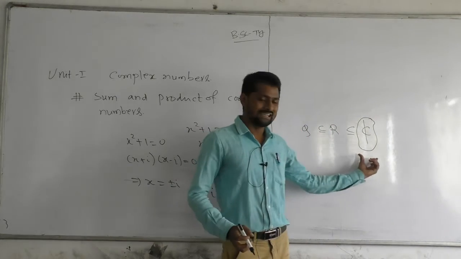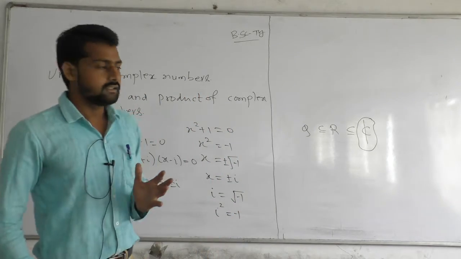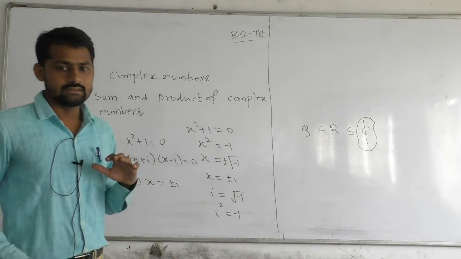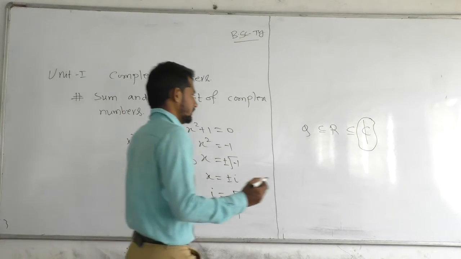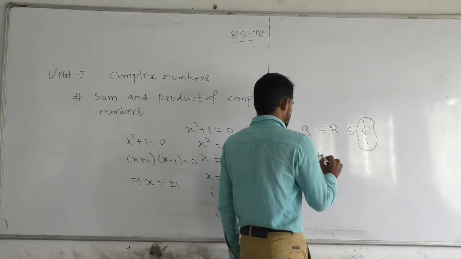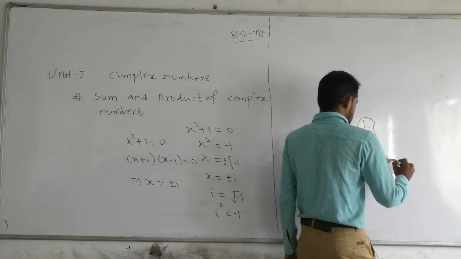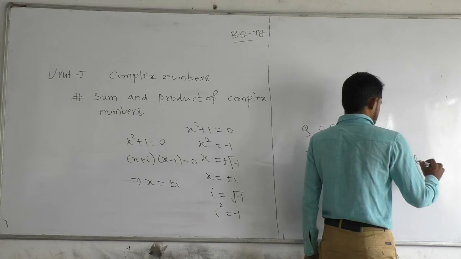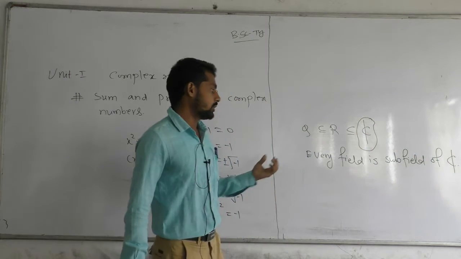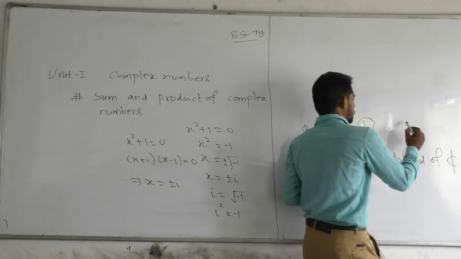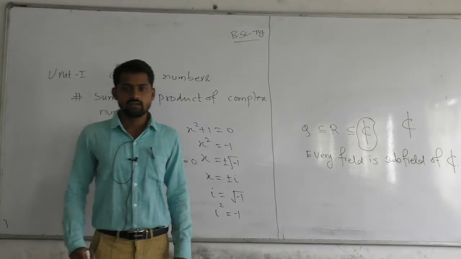So this is the universal field because the set of complex numbers contains all fields in mathematics. So every field is a subfield of the set of complex numbers, and the set of complex numbers is denoted by this symbol.